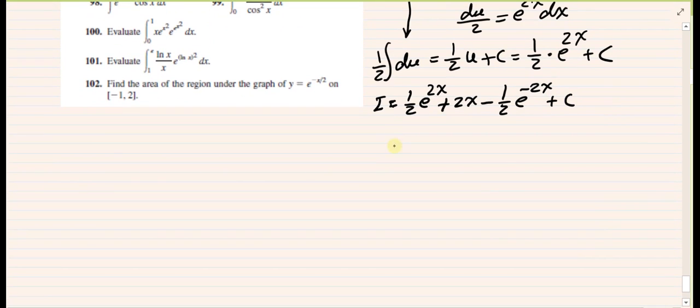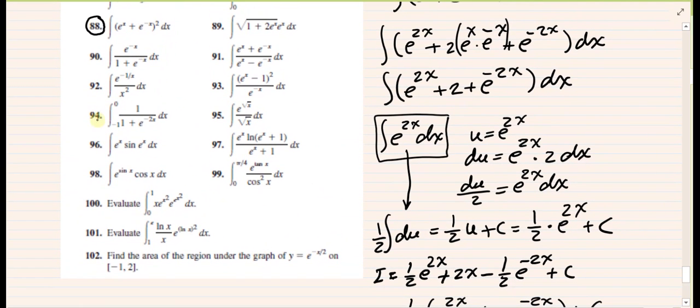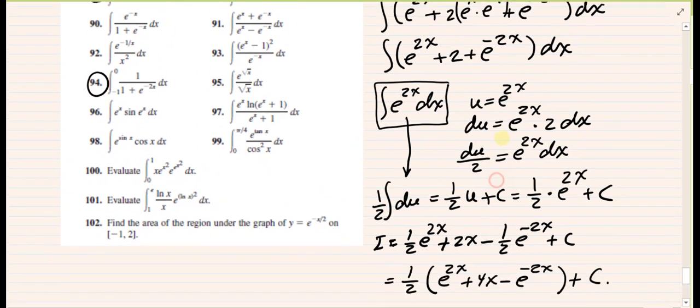And let's see, probably factor a 1/2 here. So we get 1/2 times (e to 2x plus 4x minus e to negative 2x) plus c. Okay, and there you go, number 88. Let's take a look at number 94.